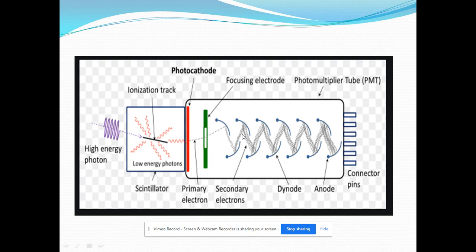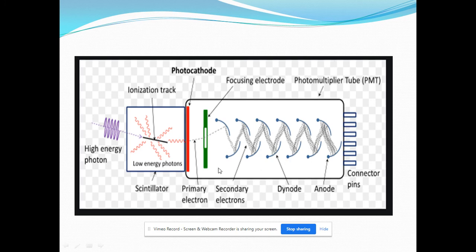When an incident photon hits the photocathode material, electrons are ejected. For every 5 incident photons, 1 electron is ejected from the photocathode material by the photoelectric effect. This ejected electron is known as a primary electron.